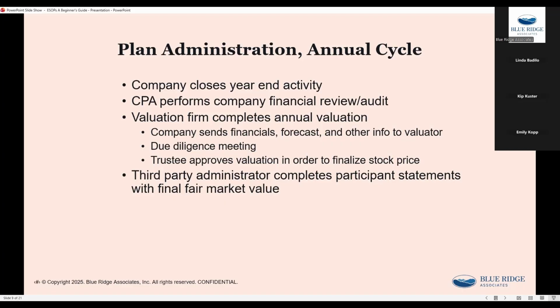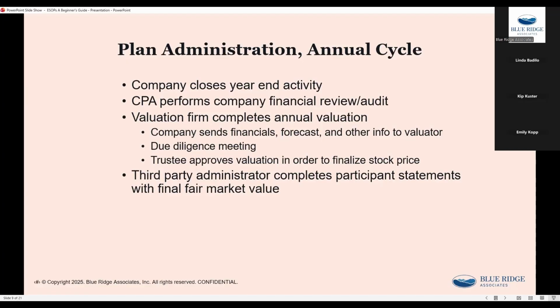The first step is the company will close its books for the prior year and then provide their financials and information to their accounting firm CPA for review and/or audit. And in turn, those financial reports and audited financial statements will be provided over to the valuation firm and team.